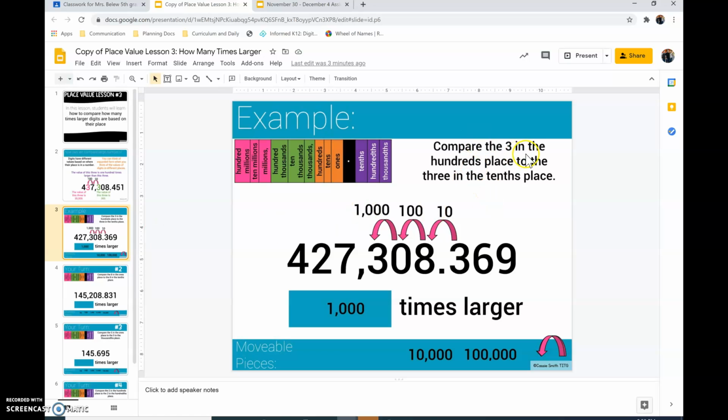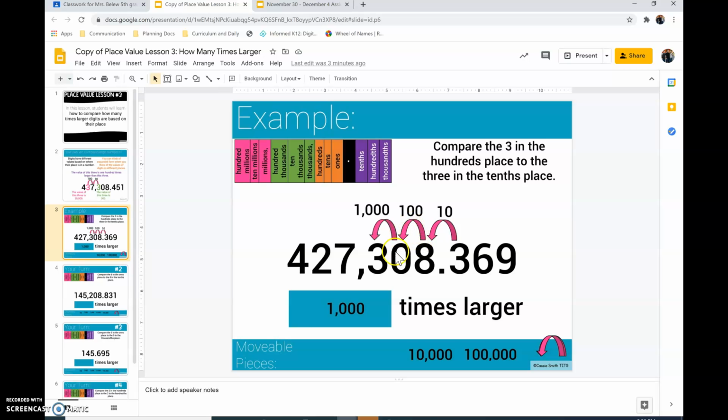It says compare the 3 in the hundreds place to the 3 in the tenths place. So I'm comparing this 3 to this 3. Okay, so if each digit is 10 times smaller or larger, depending on how you look at it, I'm comparing the small place to the larger place, so it's going to be 10 times larger. So from the tenths to the ones, that's 10 times larger.